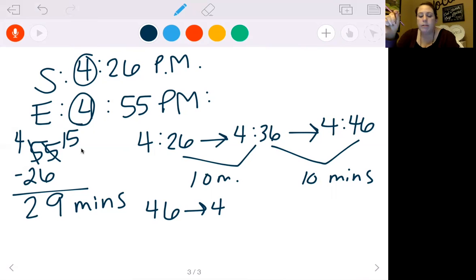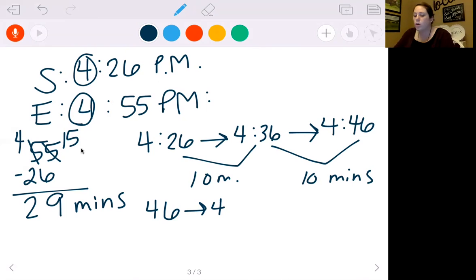Anytime you're doing time, if you can count by 15 minutes, 5 minutes, 3 minutes, 30 minutes or 10 minutes, you're good. So if we can get to 9:15, that's 2 minutes. Now we know that from 9:15, if I have my clock and I have 12, 3, 6, 9, so we have 1, 2, 4, 5, 7, 8, 10.